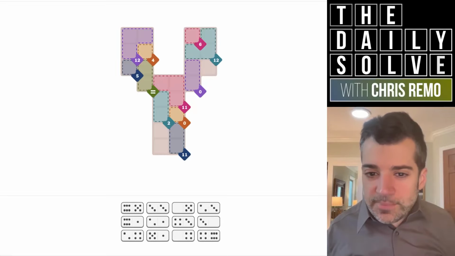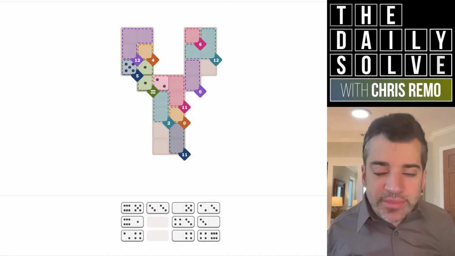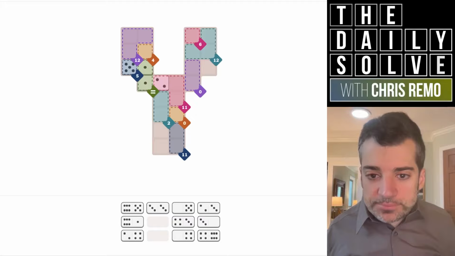Is that useful? If this 5 pointed across, it couldn't be a 6 for that reason. It couldn't be a 0 because we've used all those. It would have to be a 1. Then we'd need another 1 pointing across, which would have to be this one. That would then be using our, oh no, sorry, it could be a 2. Never mind. Okay, it's not as constraining as I thought it was going to be.